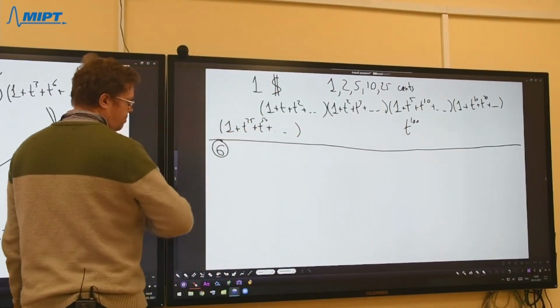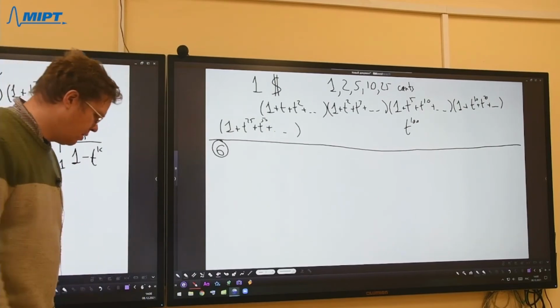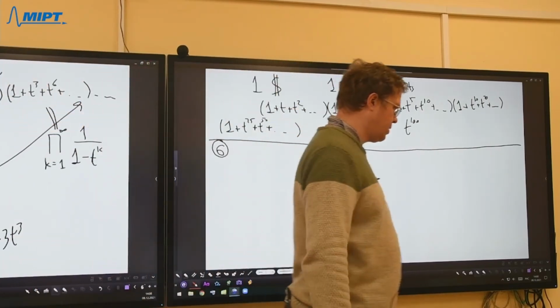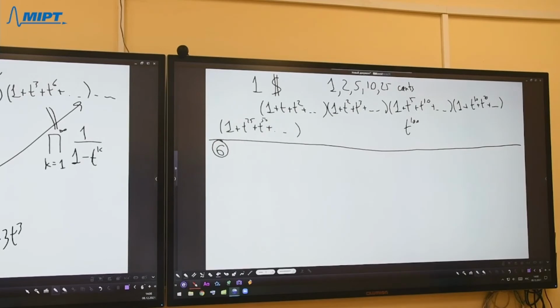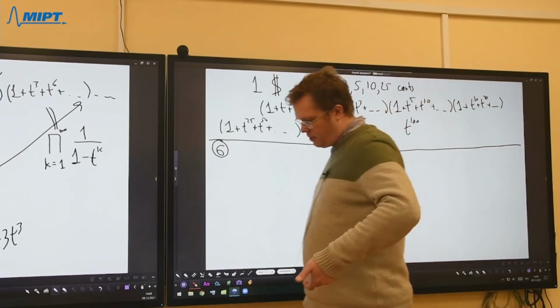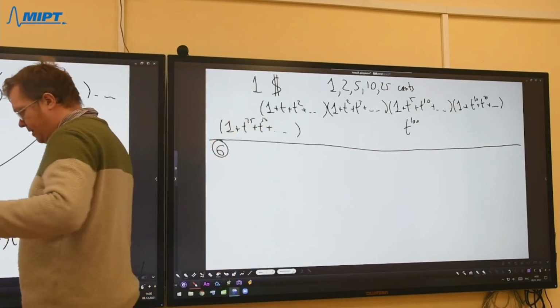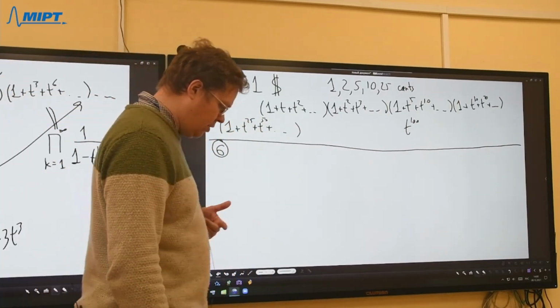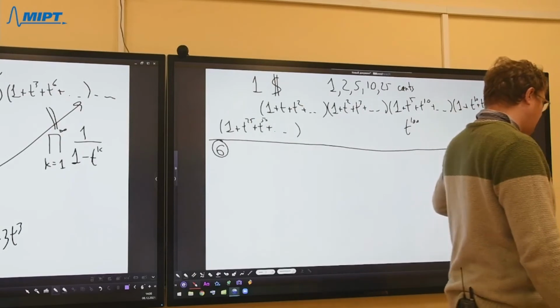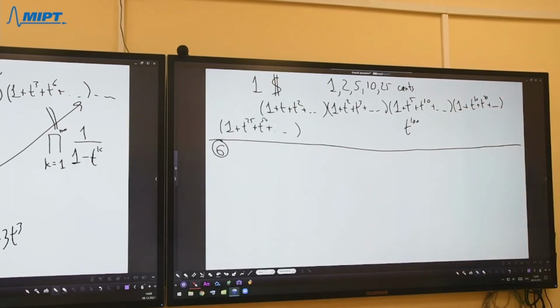So the following task will show you that the number of partitions into pairwise distinct parts is somehow the same as partitions into odd parts.